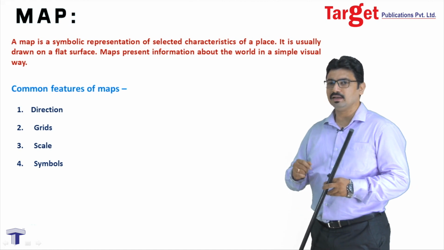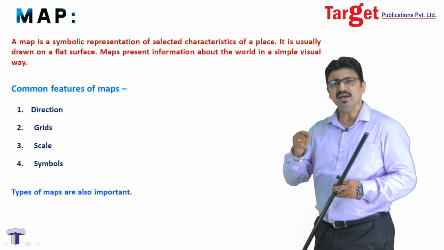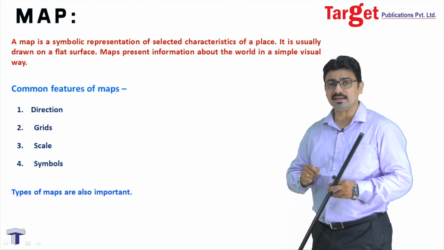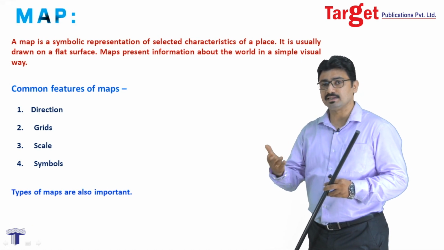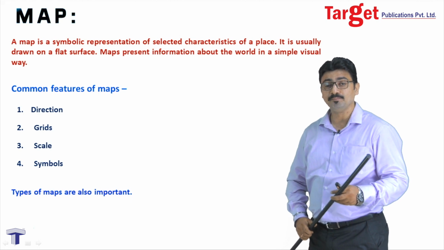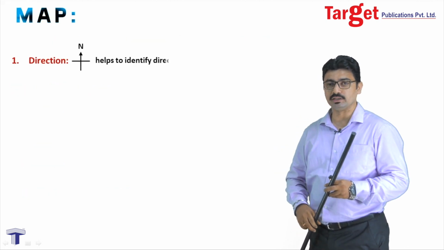And last but not the least, an important feature of a map is the symbols. Various different symbols are used to represent various different things, like population, animals, crops, etc. Each one has a particular symbol associated with it, which we use in maps to represent these features, right?